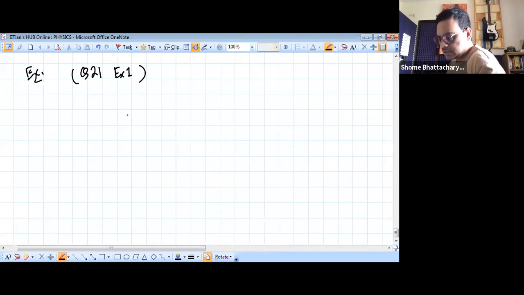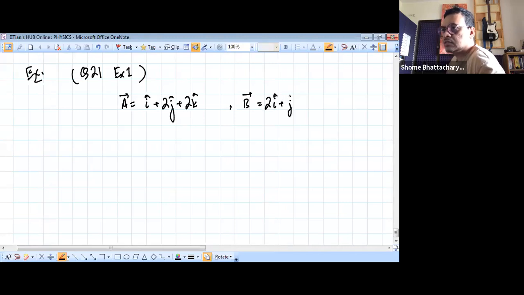So in this, vector E is given to us as i cap plus 2j cap plus 2k cap. And B is given to us as 2i cap plus j cap plus 2k cap.